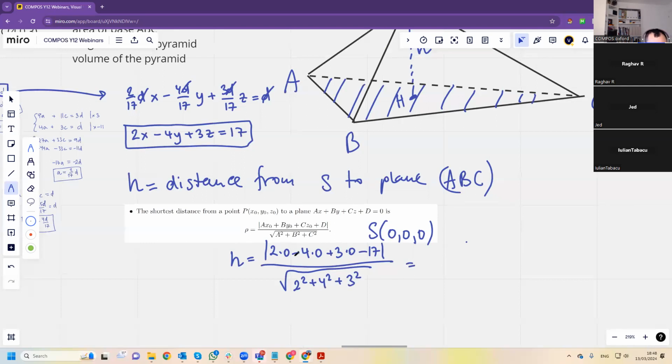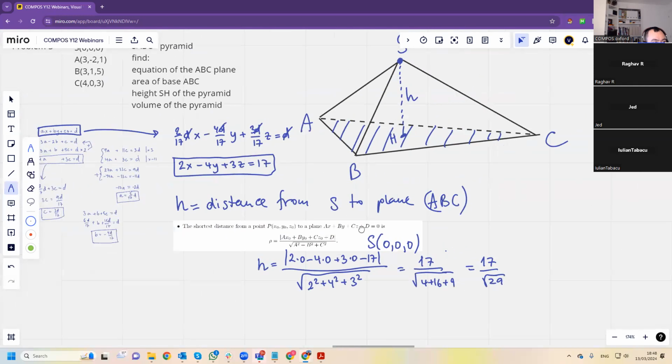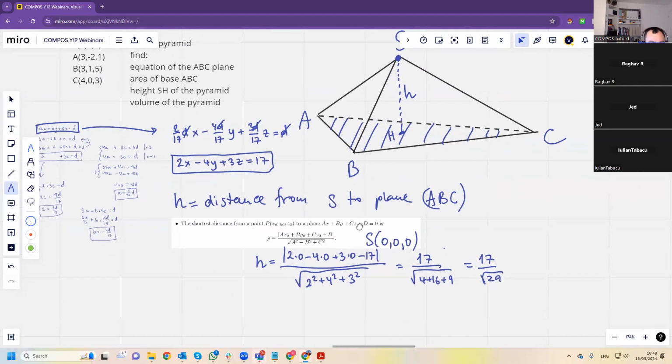And that makes it 17 over 4 plus 16 plus 9, which is 17 over root 29. Okay. That's the height of the pyramid.